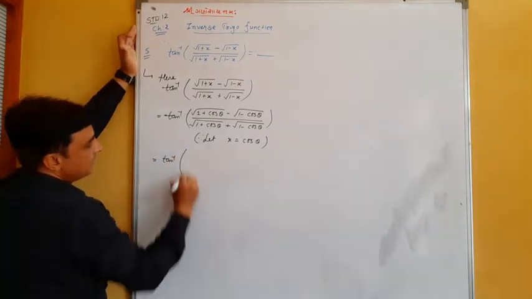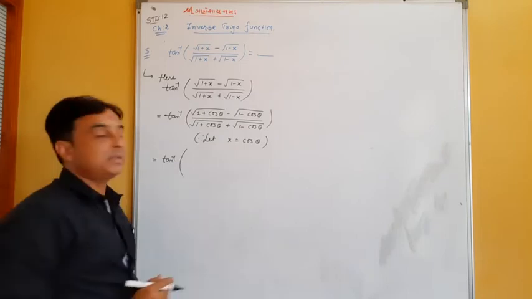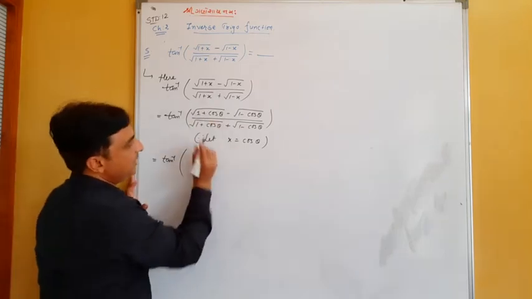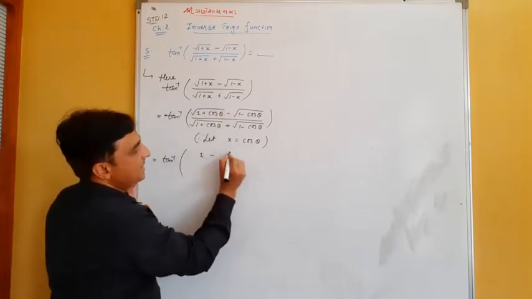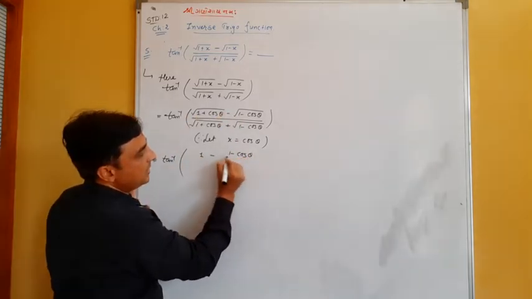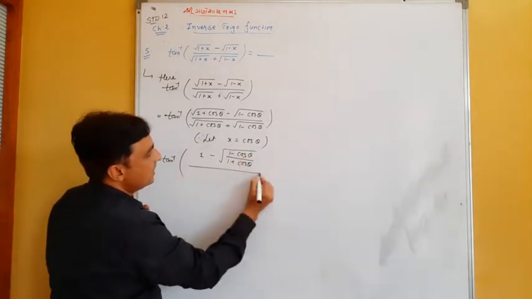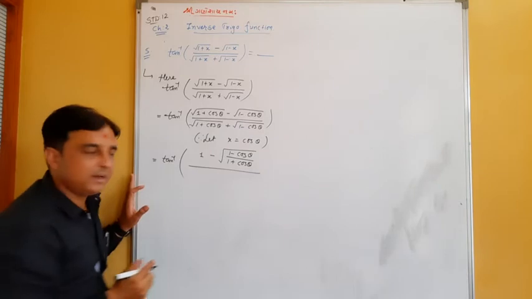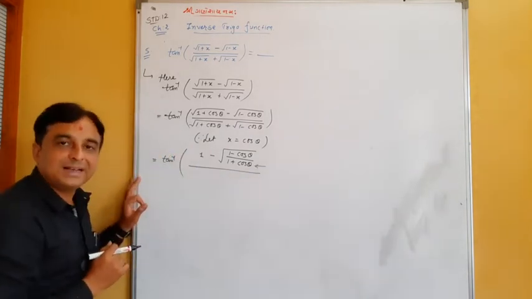Now divide numerator and denominator by √(1 + cos θ). So the first term becomes 1, minus √((1 - cos θ)/(1 + cos θ)); numerator and denominator are divided by √(1 + cos θ).